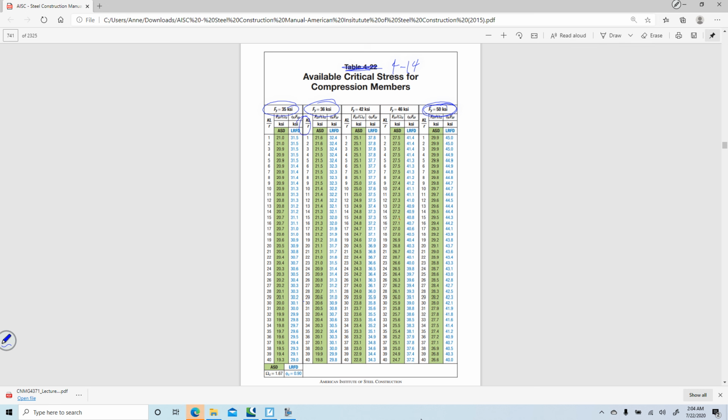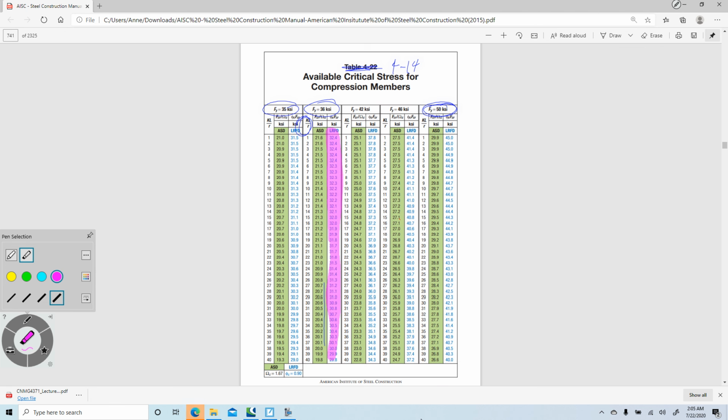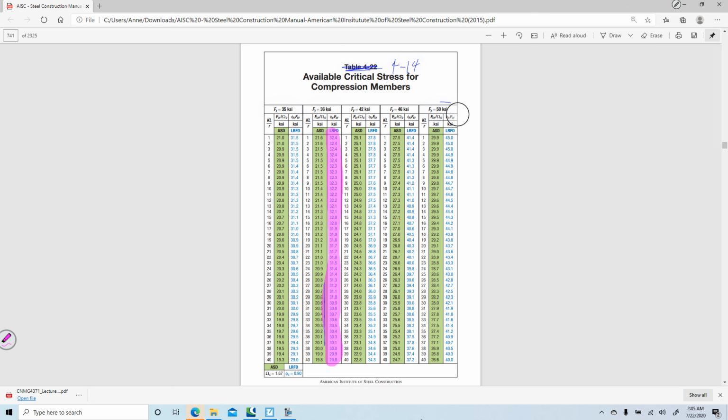You go and you look at a slenderness ratio. Remember, we're sticking with LRFD, we're not doing any of that ASD stuff. That's your phi critical for a given slenderness ratio.